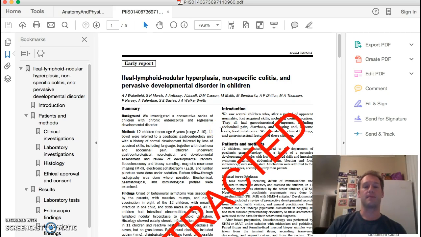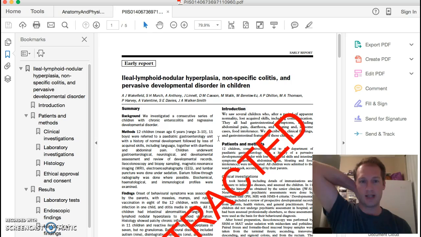It was later shown to be wrong, that they falsified the data. It turns out that this group was being paid by a group of lawyers that were representing some patients who thought that their children had gotten autism from vaccines. So there was some major conflict of interest and some other things like that.